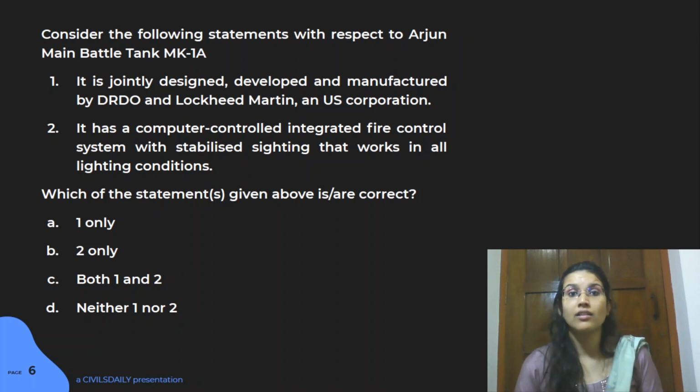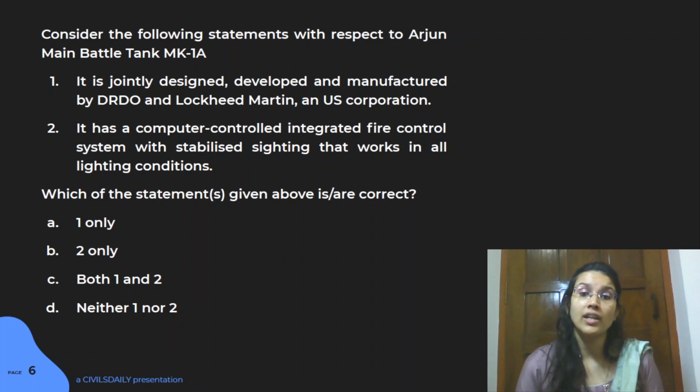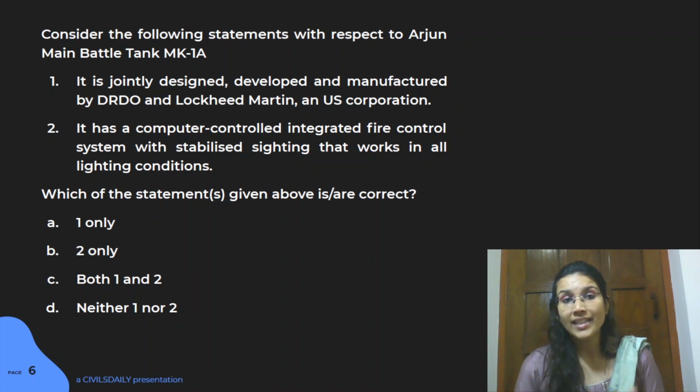It is in fact one of the models for indigenous production. So 54% of content for this particular battle tank is produced indigenously, and obviously DRDO has been involved in it, and it has been in process since 1972. So since that time it has been working, and 41% is something that has been followed up till now.